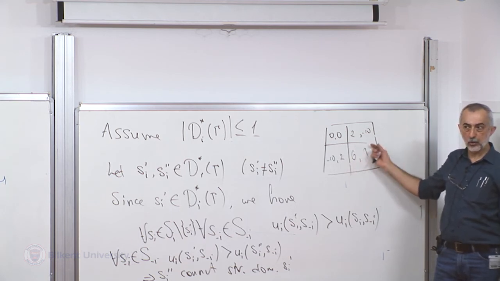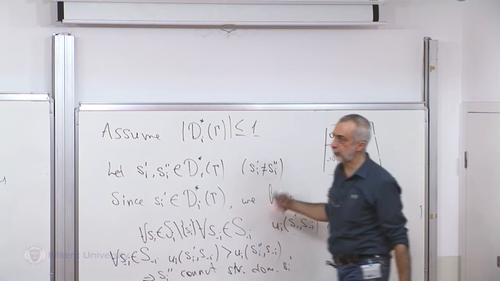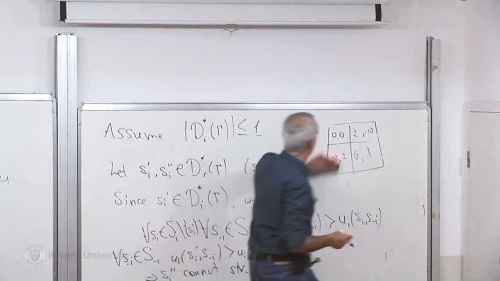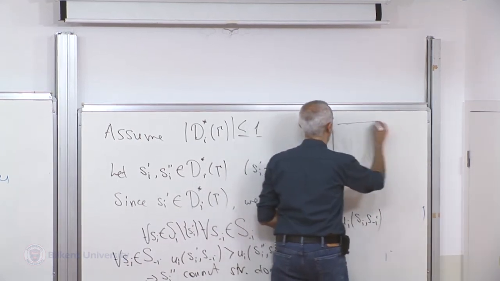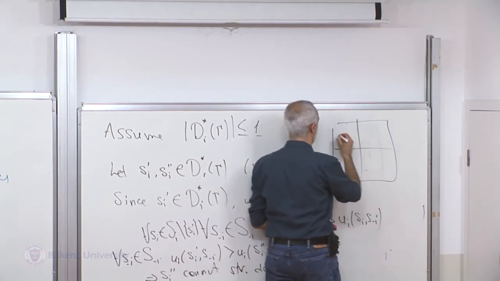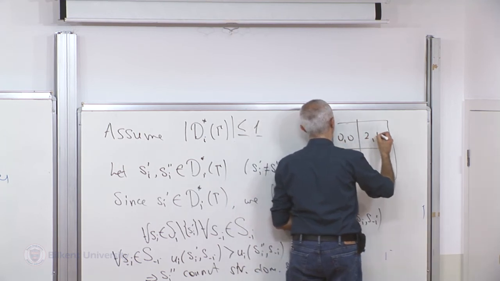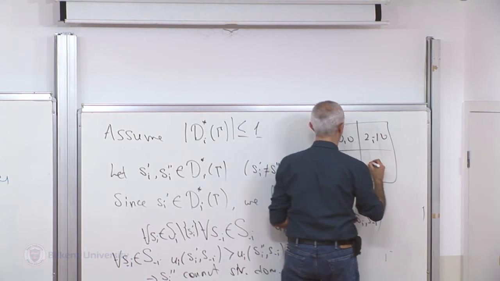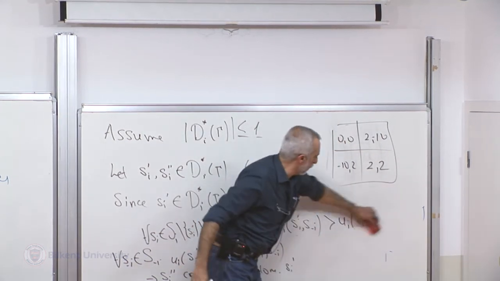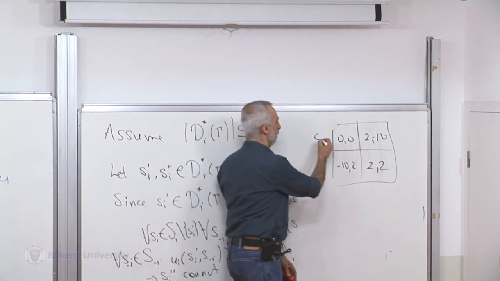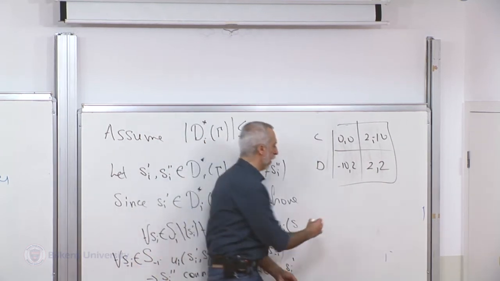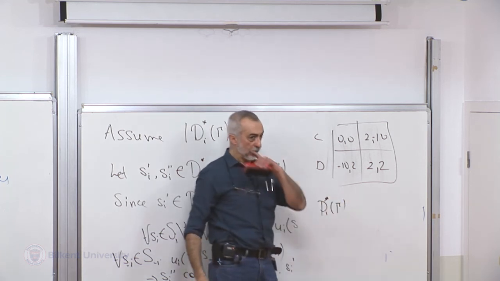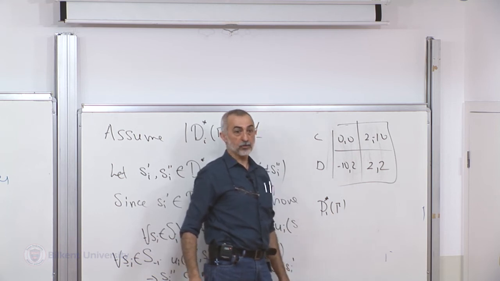But for example, if this was the case, then what can we say about D1* of gamma?